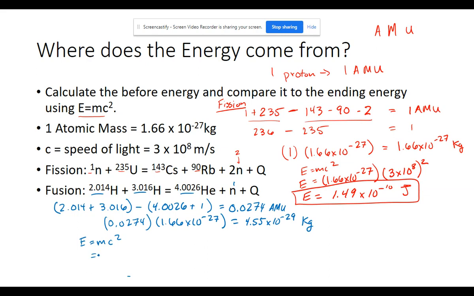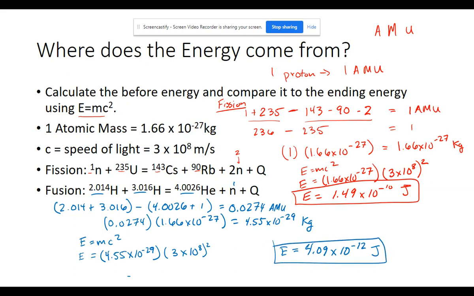So, right, take that mass, the 4.55, 10 to the negative 29, multiply that by the speed of light squared, and we're going to get 4.09 times by 10 to the negative 12 joules.